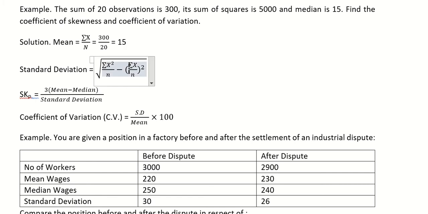Now we will calculate standard deviation. To calculate standard deviation, what do we need? Sum of squares. So sum of squares is given to you, that is 5000. So we'll apply 5000 here. 5000 divided by n is 20. And here sum of observations divided by number of observations. So this is 300 by 20 square. Now we'll solve it.